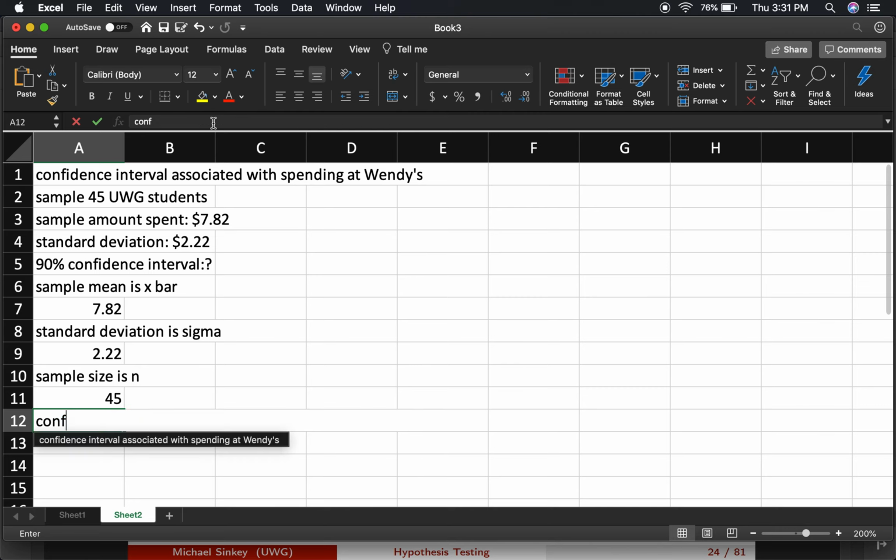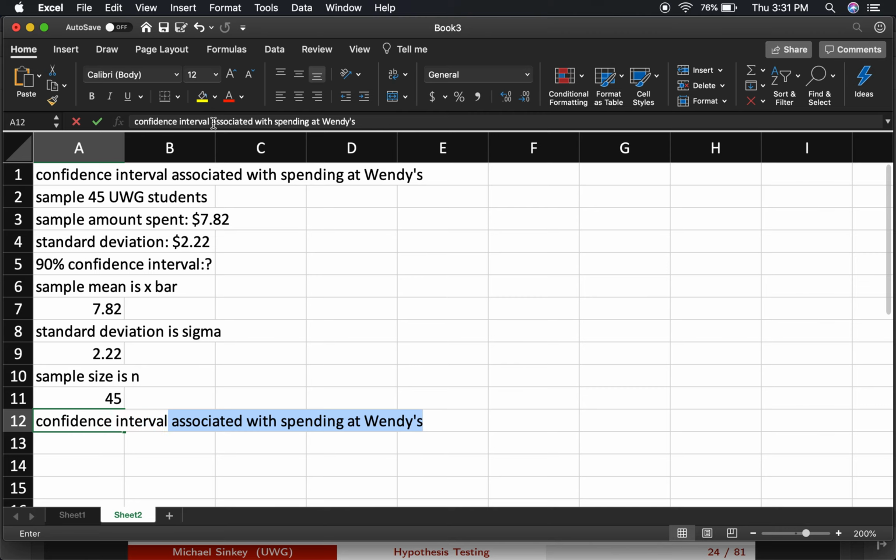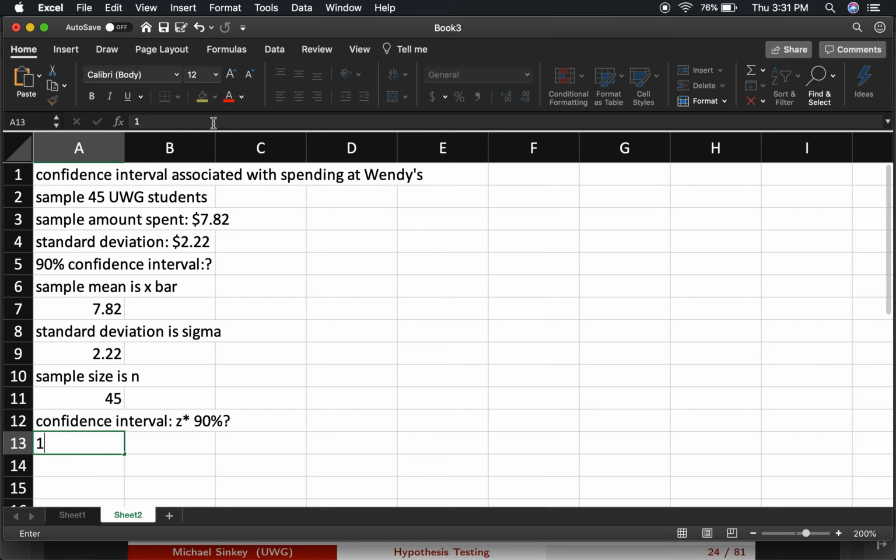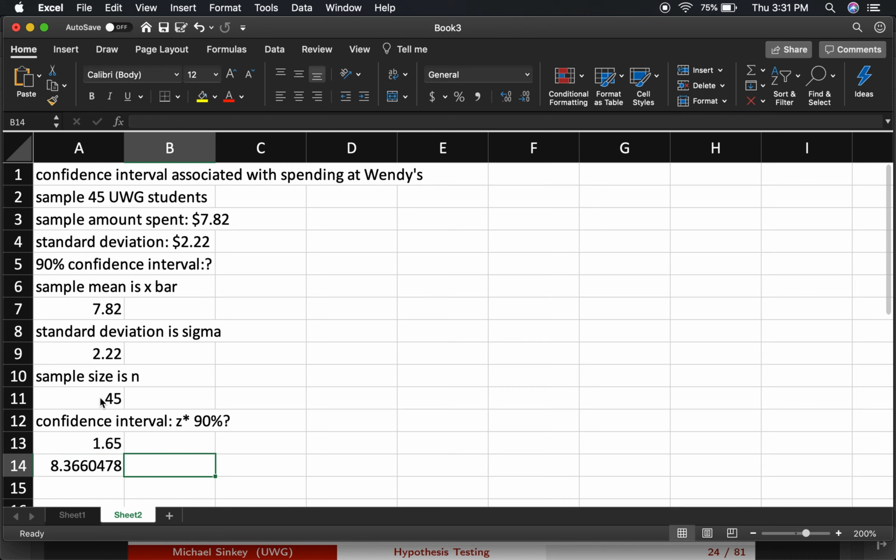Confidence interval. Z-score for 90%, 1.65. I take the sample mean. I add the z-score times the standard deviation divided by the square root of the sample size. That's the right-hand side of the interval.